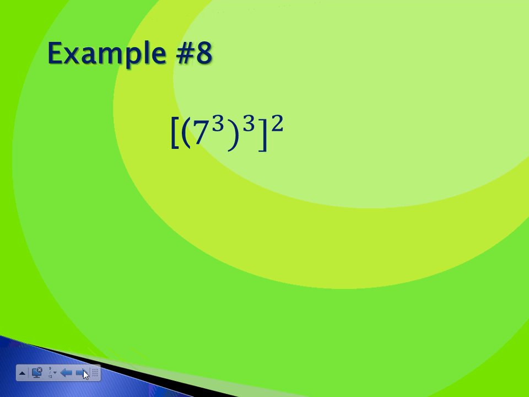Agree or disagree? Agree. So basically you're just going to multiply all those. 3 times 3 is 9. 9 times 2 is, and what do you know about the 7? Stays the same, because the base stays the same. Good. Any questions? Is this one I want you to go ahead and multiply out? No, it'd be humongous, so just leave it, okay?